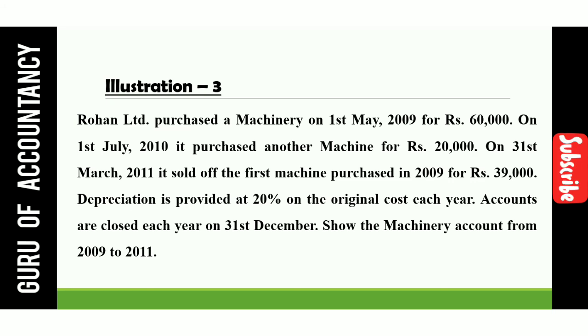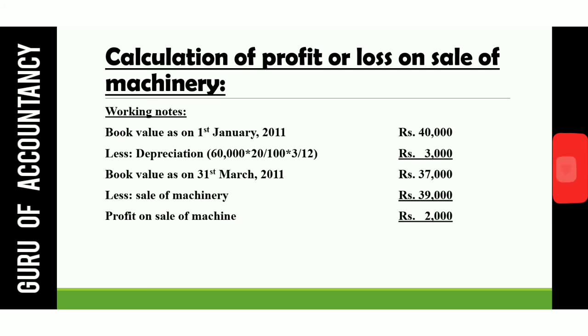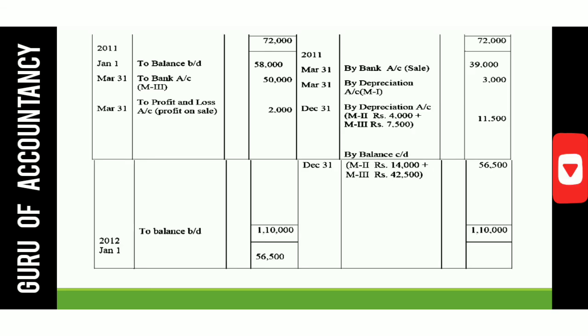So let us see the calculation and how the profit or loss is coming. See, book value of the first machinery on 1st January is rupees 40,000, as we saw in the machinery account.